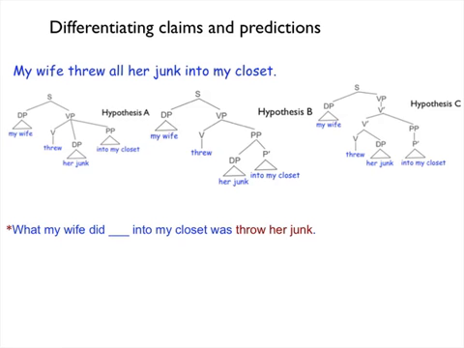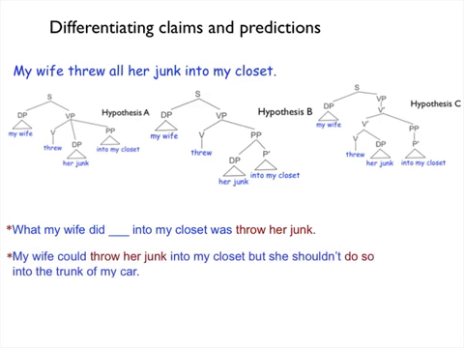So that rules out hypothesis C. Well, it doesn't rule it out; hypothesis C doesn't give you an explanation for the ungrammaticality of that. You might expect it to be grammatical if hypothesis C were right. "My wife could throw her junk in my closet, but she shouldn't do so into the trunk of my car."